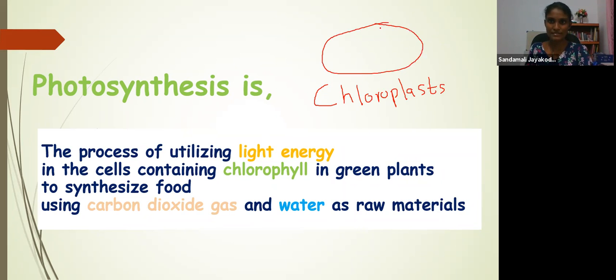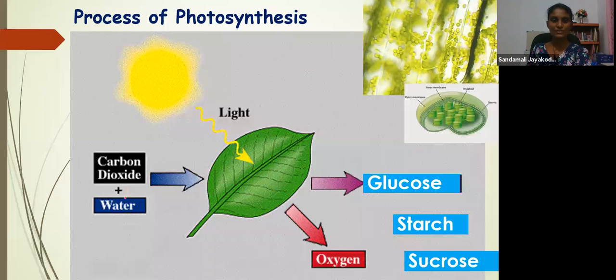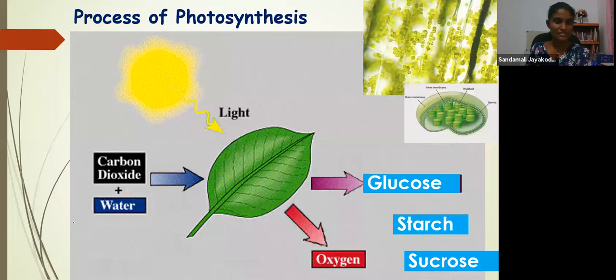It has a double membrane in it, and it has some green color plate like structures. Those are interconnected each other. They are just like this. You may have learned this in your grade 10 lesson number 8. And then we are moving to discuss about the process in detail.